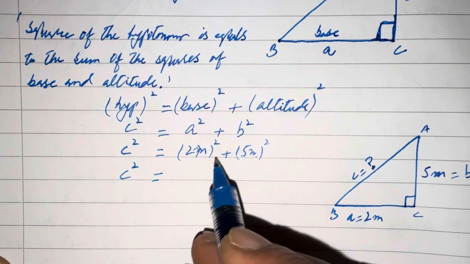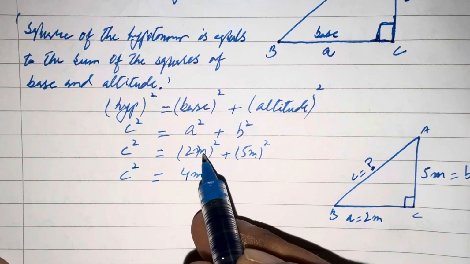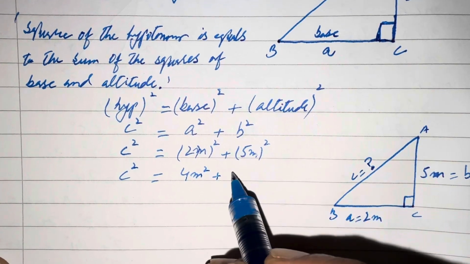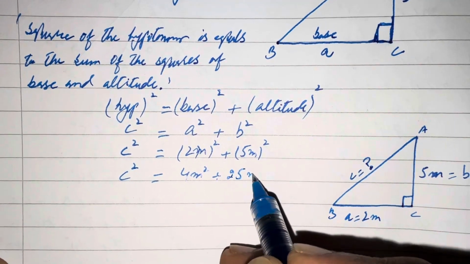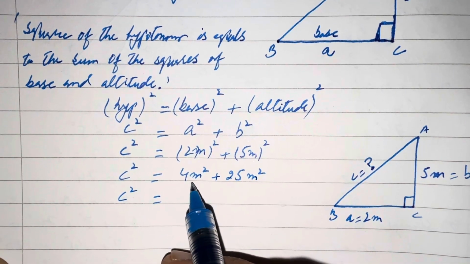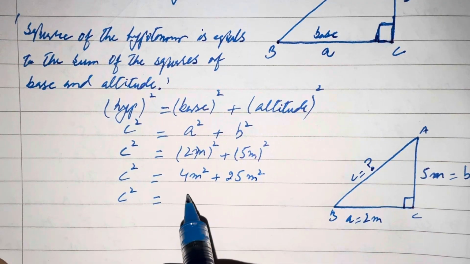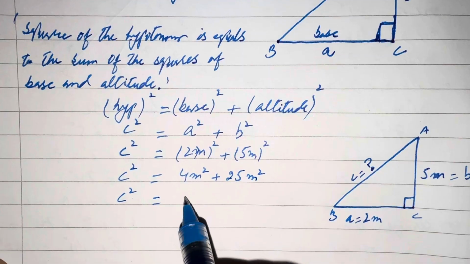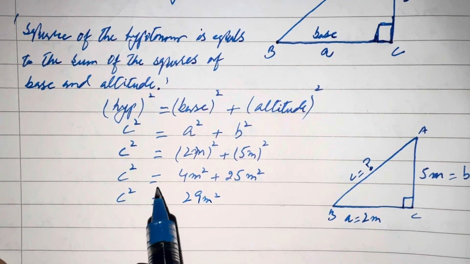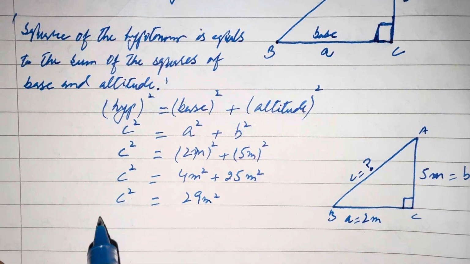So c squared will be equal to 2 twos are 4 meters squared, because we take the square of the meters as well, plus 5 fives are 25 meters squared, so c squared equals 4 plus 25, which is 29 meters squared. To find the value of c, we take the square root on both sides.